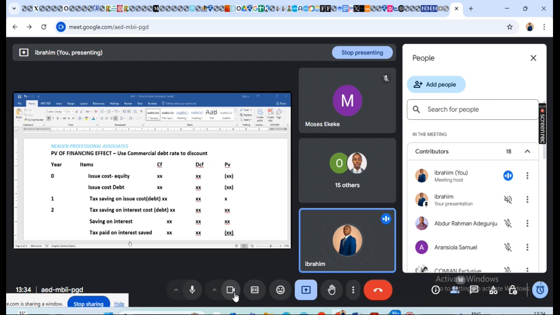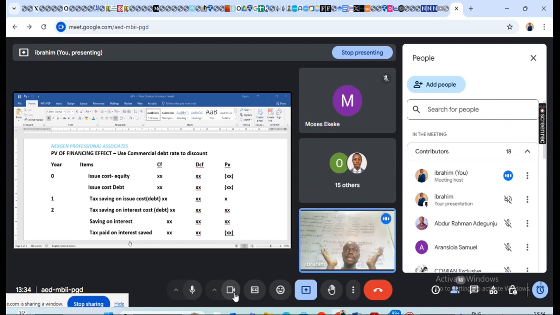Class, tax savings on interest cost. Commercial rate in the bank may be 30%. A subsidized loan is 20%.